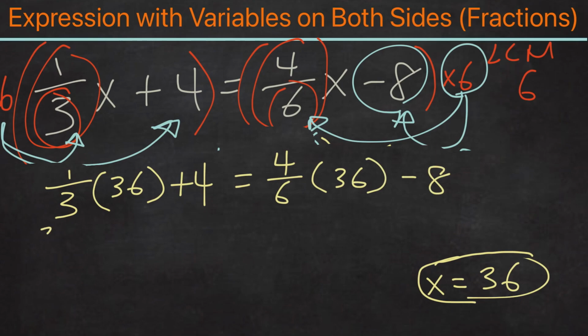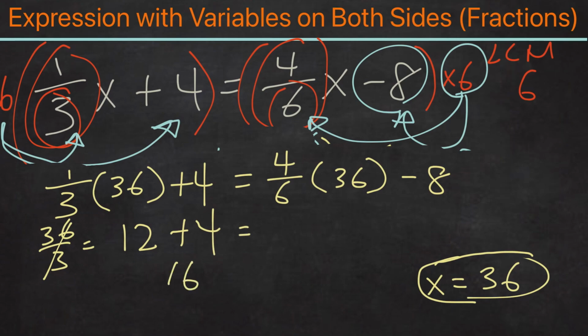Now 36 times 1/3 is 36 over 3, which equals 12. So this is 12 plus 4 is 16. So we have 16 here. Now for 4/6, 36 and 6, we can already see that they can cancel out, and this will become 6, because 36 divided by 6 is 6, and 6 divided by 6 is 1.